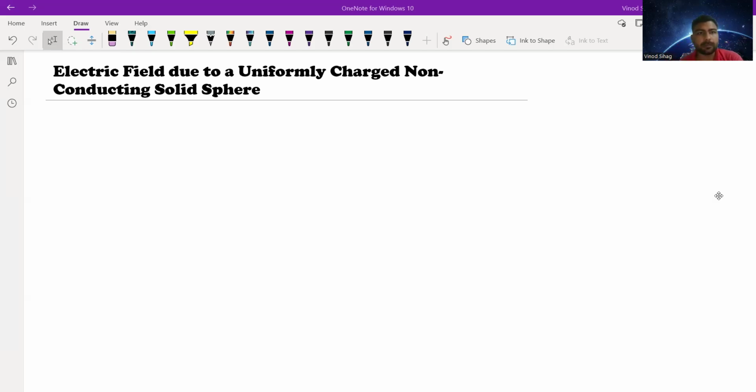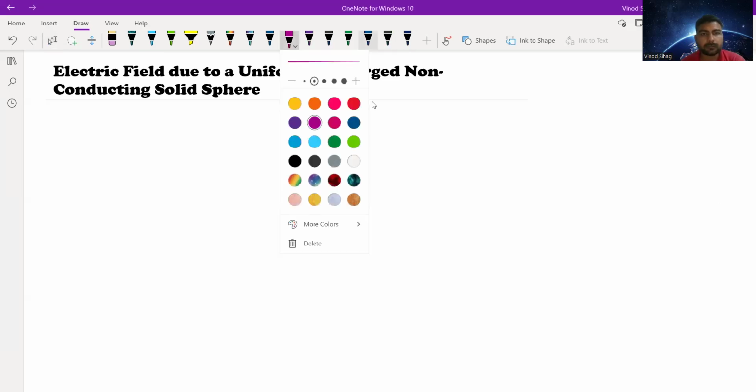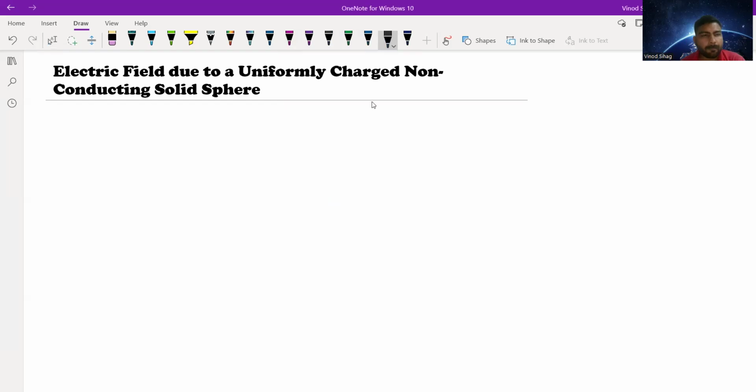Let us say there is a solid sphere of radius R, and it is positively charged.